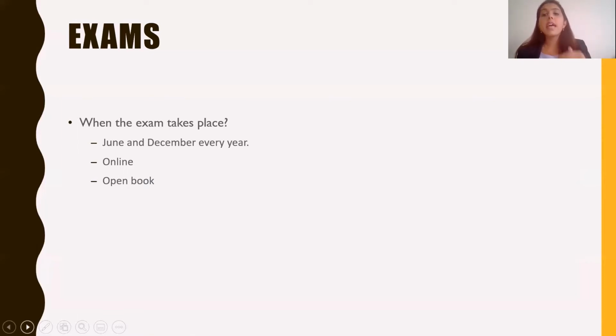The exam for the time being is online due to COVID. Otherwise, it used to be in physical centers. There are centers in India and in many other cities globally where you can go and appear for this exam, but right now it's going to be online. It's an open book exam. However, please note that you are supposed to carry only the prescribed books for this exam.